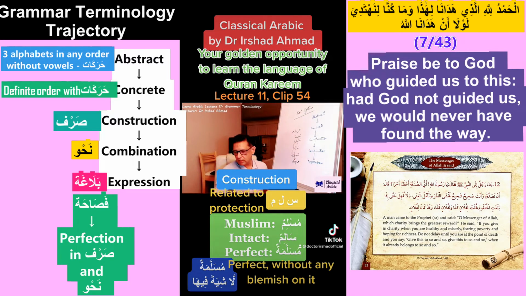So that's our level of construction. We move on from abstract to concrete and then to construction. And at this level of combination, we put these words together. Basically we put parts of speech together to make phrases and sentences, and then we combine those phrases and sentences to make prose, write a book, etc. So that's combination of words.